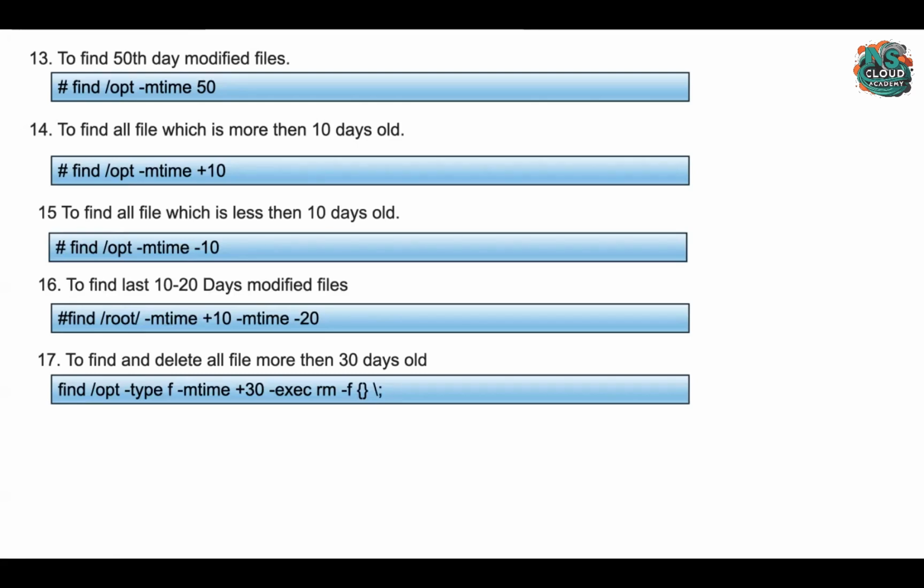This is the command which you will use to delete backups. When you perform backup automation, you will create a backup on a daily basis, and you cannot keep the complete backup forever. In every company you will have a backup policy. Backup policy means maybe they will ask you to keep the last 30 days, or last 50 days, or last 1 year of backup on the production server.